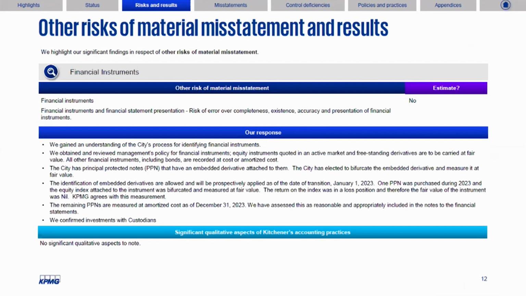Additionally, if there are any investments with a variable return based on an equity index, these require some special attention. We reviewed staff's policy and memo on the adoption of this standard and are in agreement with how the investments were accounted for. We did not identify any errors through our auditing procedures.